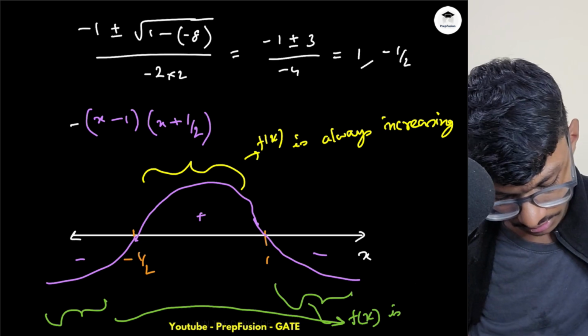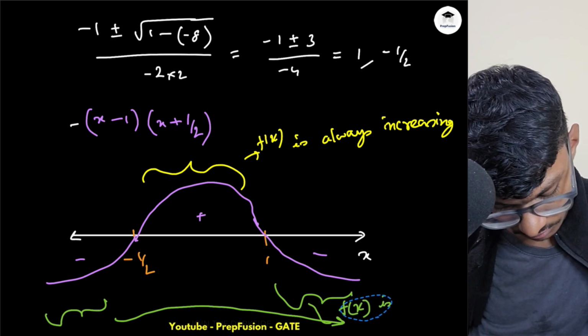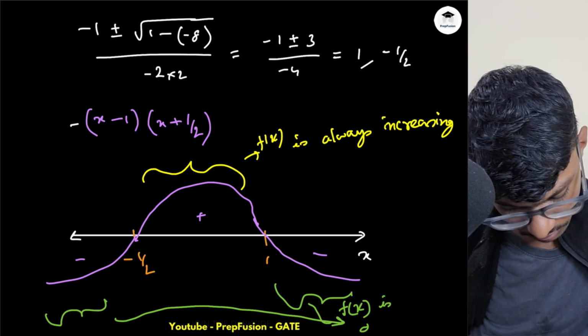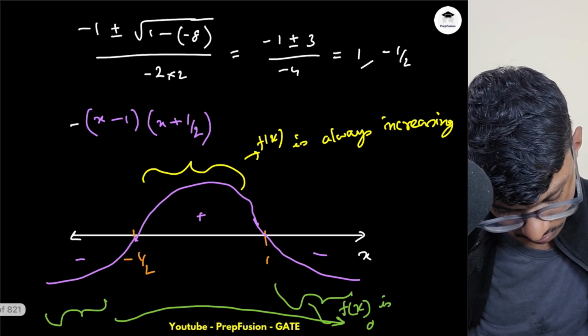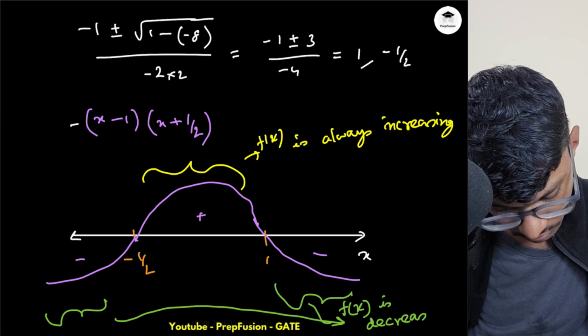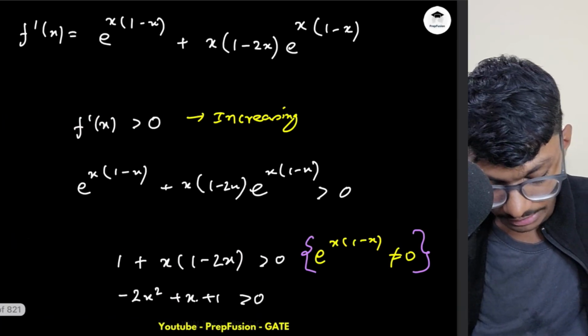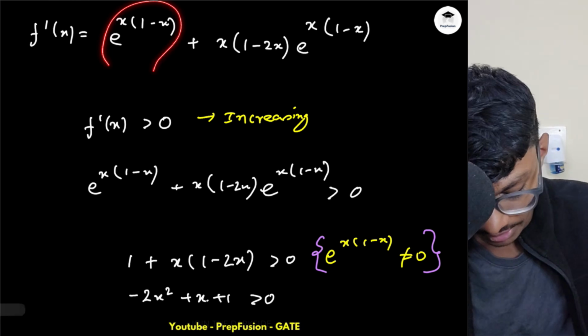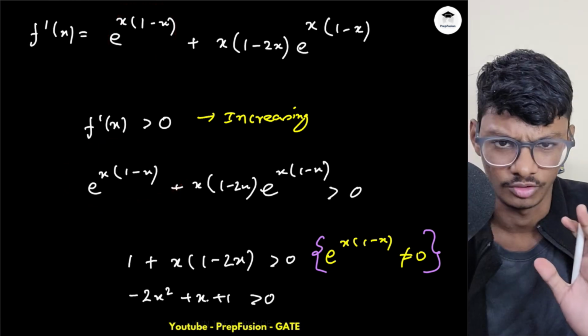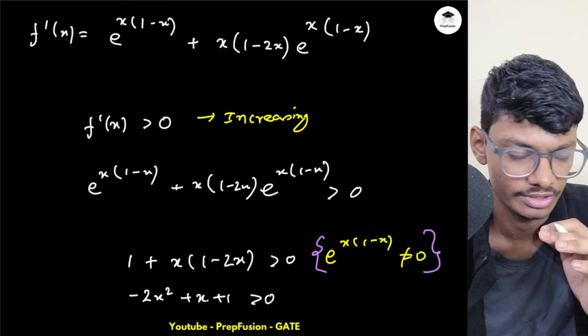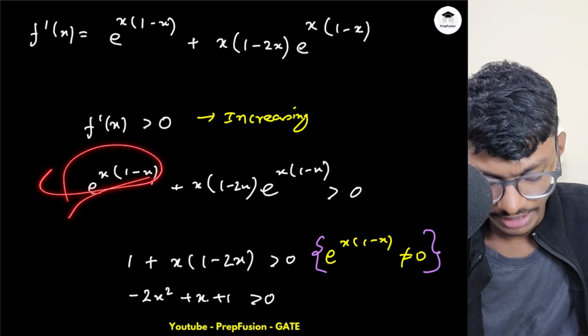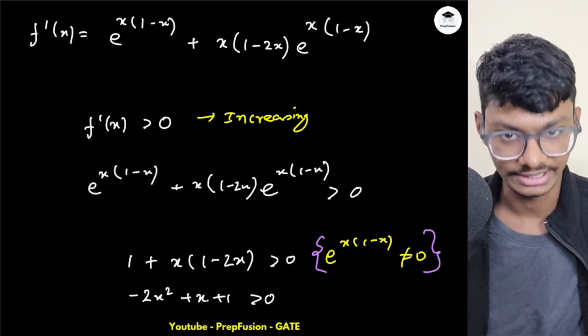The thing is that this quantity, if I take this common, is anyways positive always. Something exponential is a positive quantity, it can never go to any negative. So I don't care, this won't change my signs.